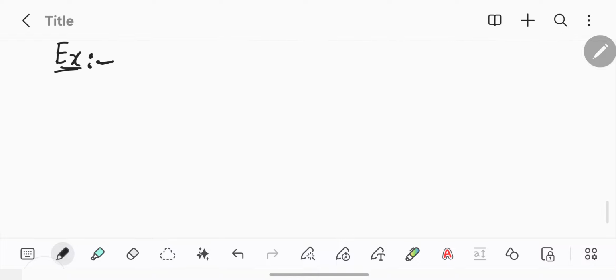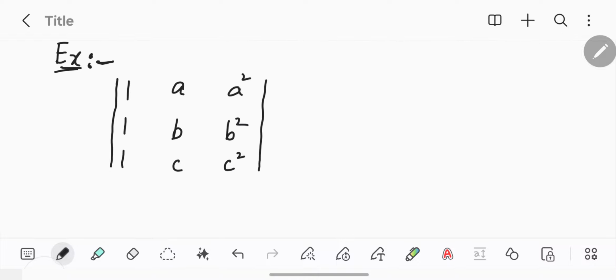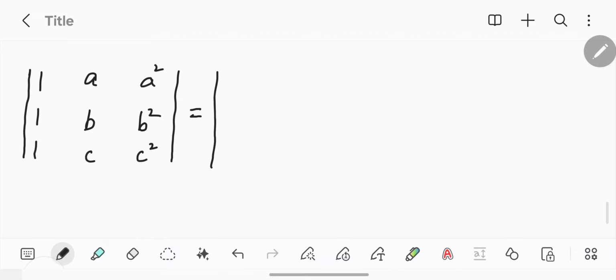Now let's do an example. In this example, we have to evaluate this determinant. What we will do is make 1 here and 0 here, and apply the elementary row operations. How can I make 0 here?